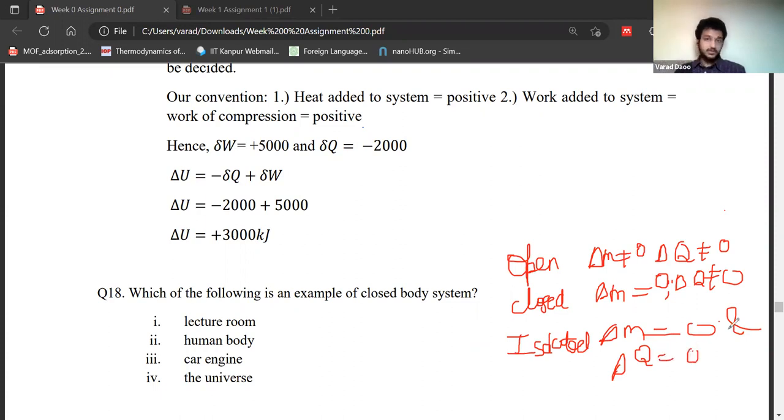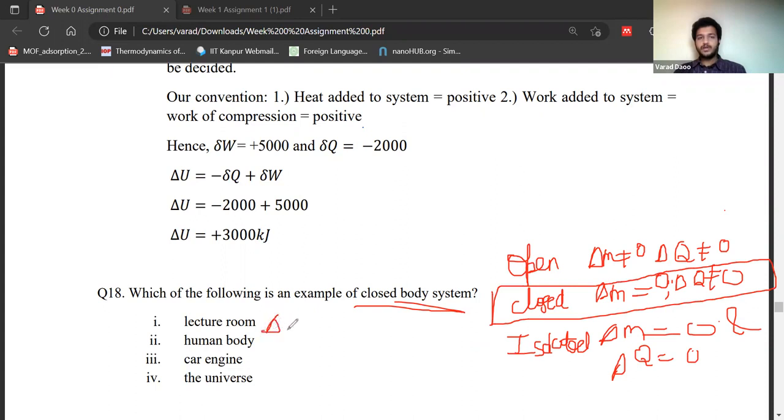So what we are asked is closed system. That means we are looking for this. So now lecture room, clearly for lecture room, mass transfer is possible. Same is the delta Q is also not equal to 0. That means this is an open system. So this is not what we want. Human body, obviously mass transfer is also possible and delta Q is also not equal to 0.